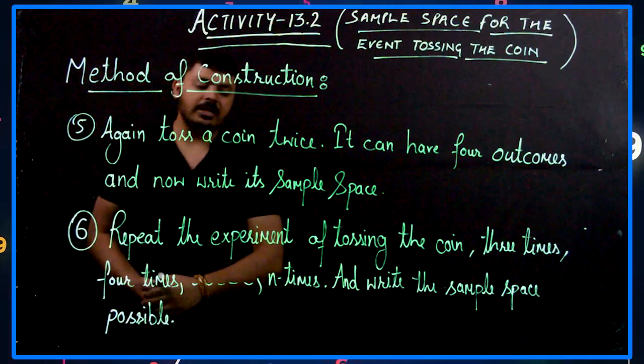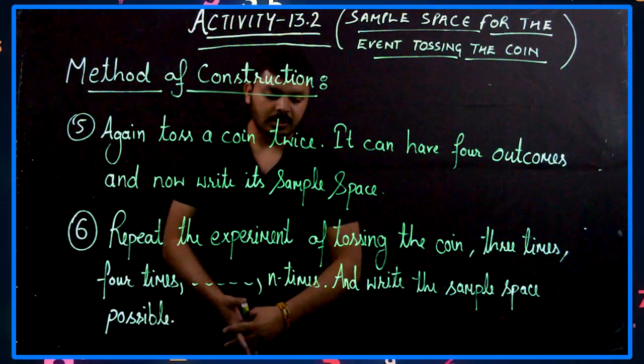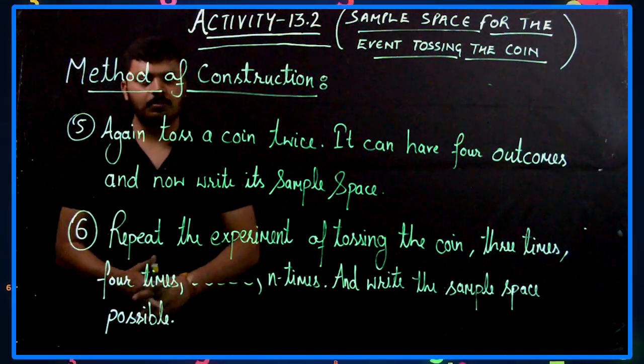So in step 6, repeat the experiment of tossing the coin 3 times, 4 times, up to n times and write the sample space that's possible.